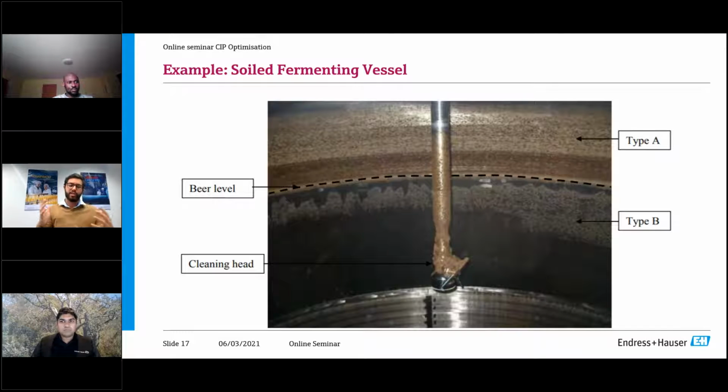So here comes another question for you, Darren. If a customer has a situation like this, or for cleaning in general, what are the alternatives the customers have to check if their CIP is well performed and is really efficient?